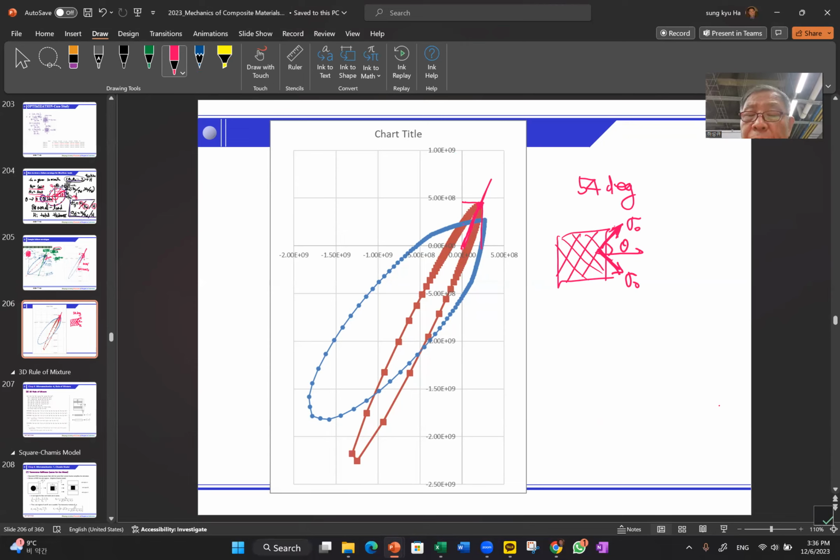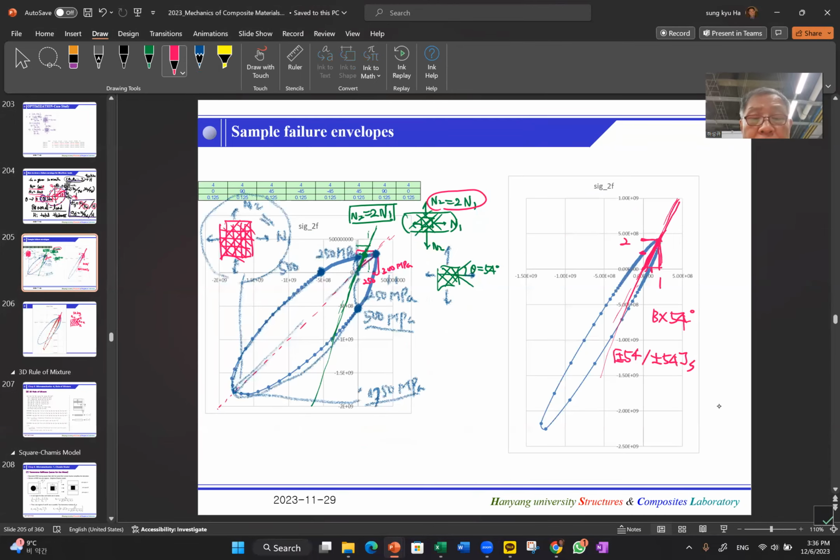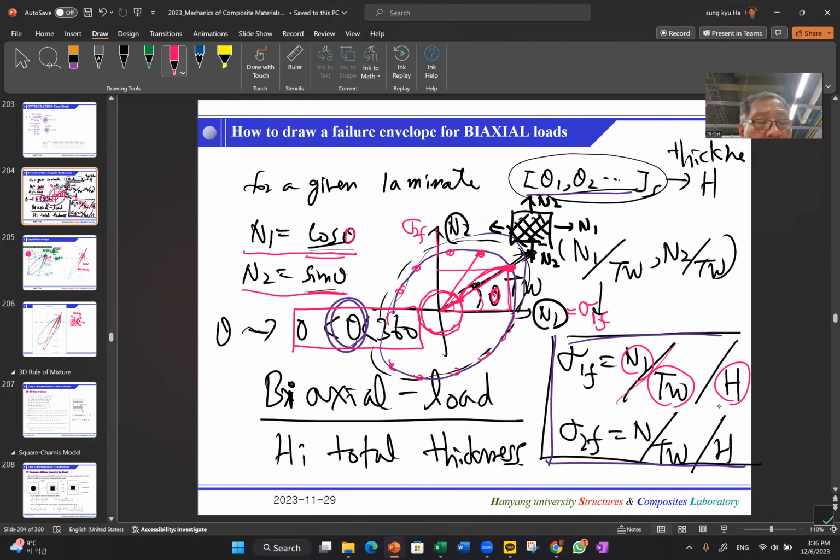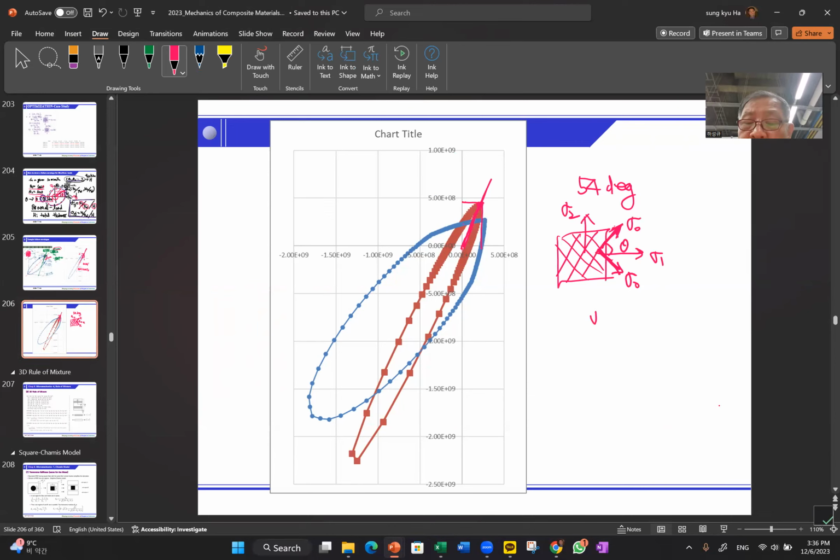Now, let's say this is sigma 1 and sigma 2. I'm sorry, I used sigma, okay, sigma 1 and sigma 2. By the stress transformation, sigma 1 is sigma 0 times cosine squared theta, this is a scalar because this is a second order tensor.